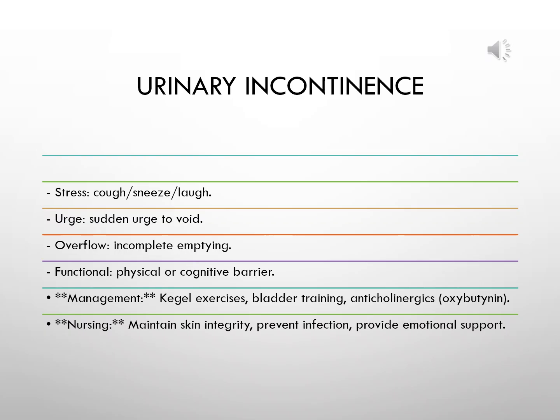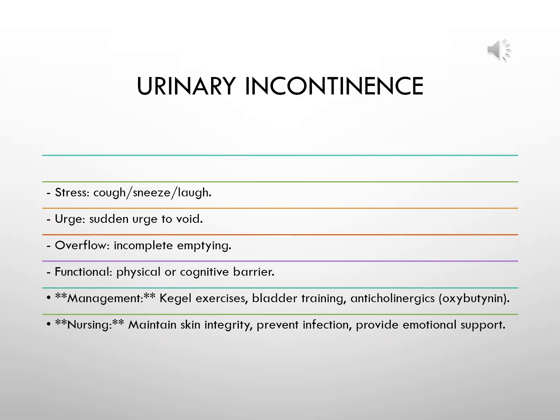For our overflow incontinence patients, this is where the bladder overfills and there's a constant dribbling that occurs. Oftentimes we see these in patients with a BPH obstruction or on medications that can cause overfilling of the bladder. So these patients oftentimes will have a weak stream or they will have dribbling after urinating, so post-void dribbling. They will also have a high residual on that post-void bladder scan.